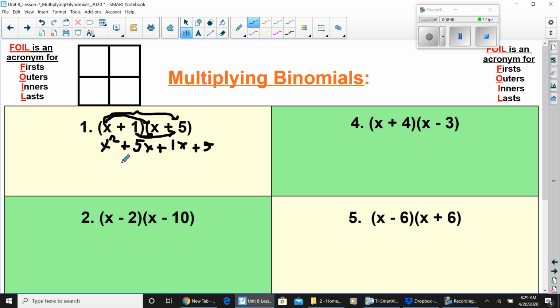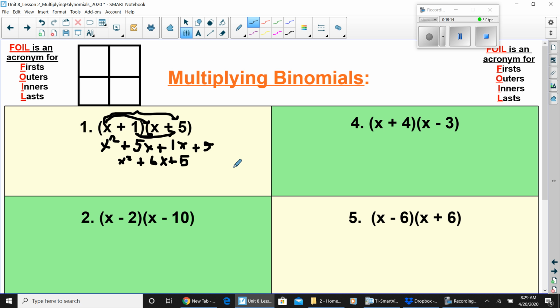Then you combine like terms. Remember, the like terms will be in the middle. You have x squared plus 6x plus 5. And that is your final answer for that using distributive property.